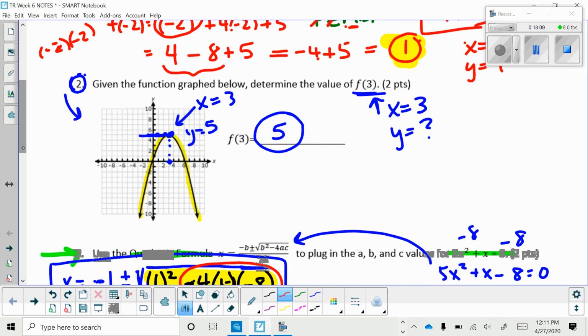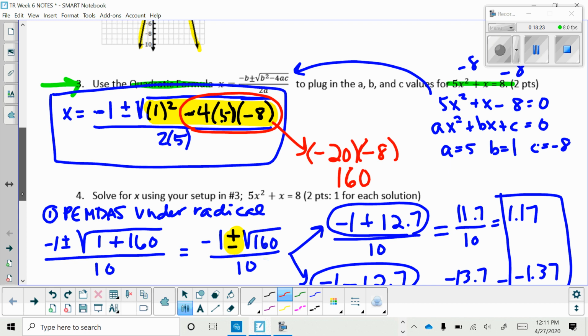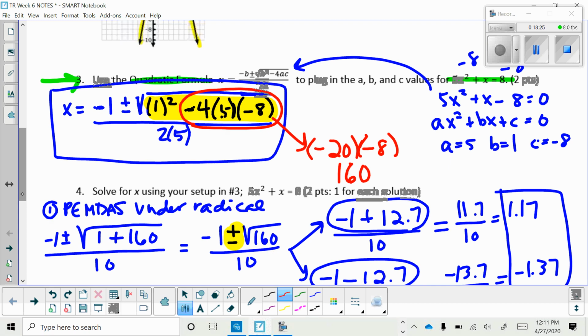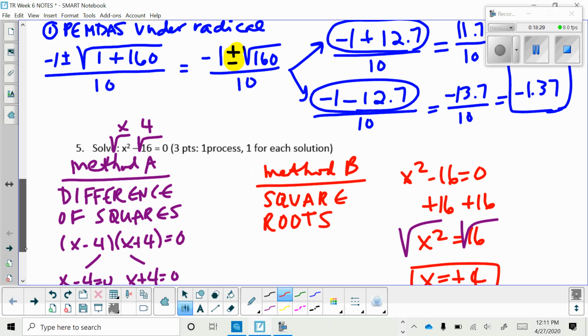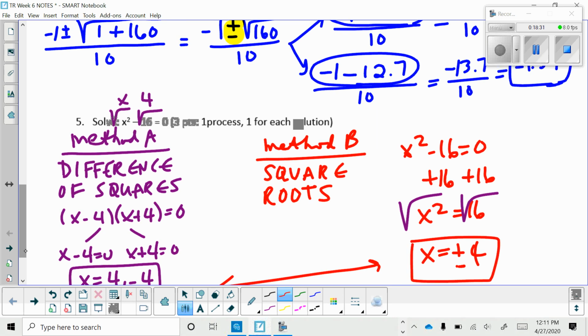So we found where x equals 3 on the graph and figured out what y matches it. That was my answer there. So that was evaluating quadratics. Then we solved some. We solved in 3 and 4, we solved for x by using quadratic formula. And in number 5, we solved for x by doing difference of squares and a square rooting method.